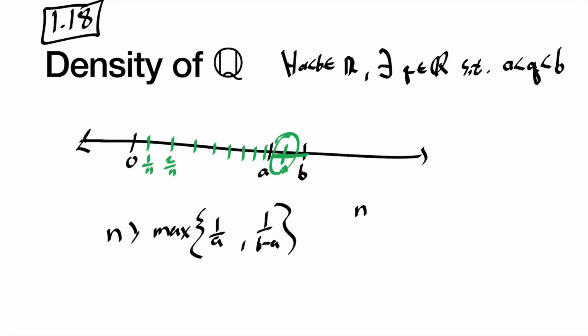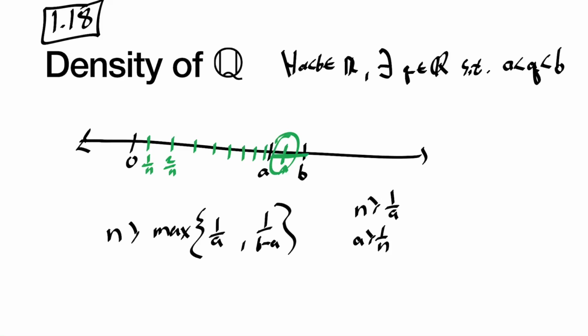One, this is telling me that n is greater than 1 over a, but that really just means that a is bigger than 1 over n. So that means whatever my 1 over n term is, it's going to be less than a. So I'm starting to the left-hand side of a. And notice that's essential because you don't want to start with 1 over n bigger than a.